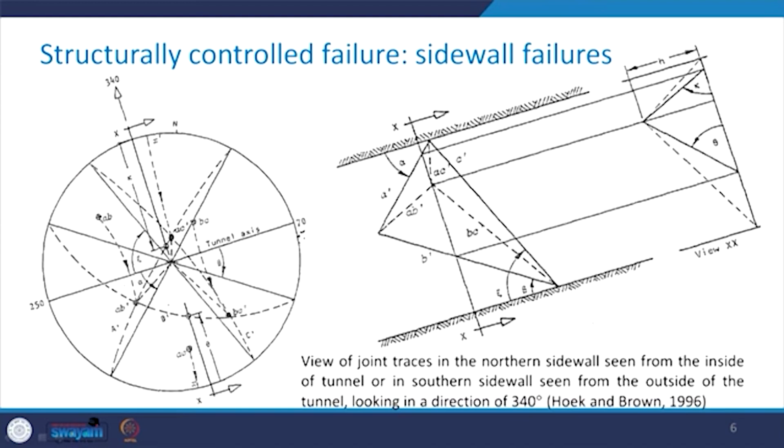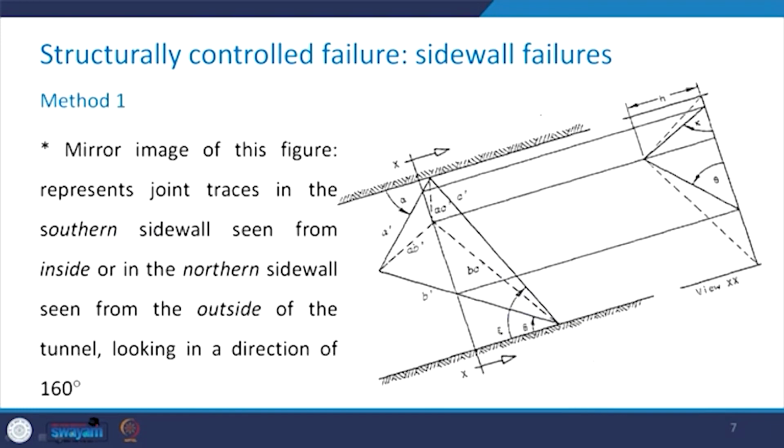See here, this is the angle alpha, this angle is angle beta and this angle is angle zeta. Now, if we get the alpha, beta and zeta from this view and compare them with what we got from this view, they will work out to be the same.